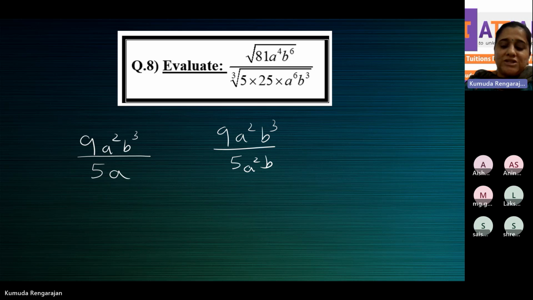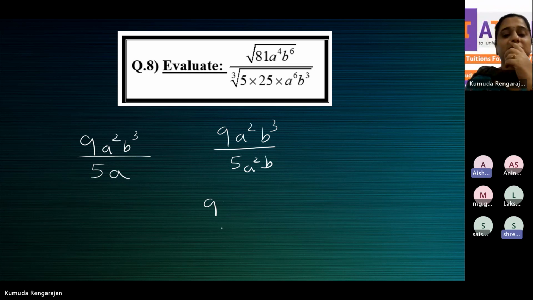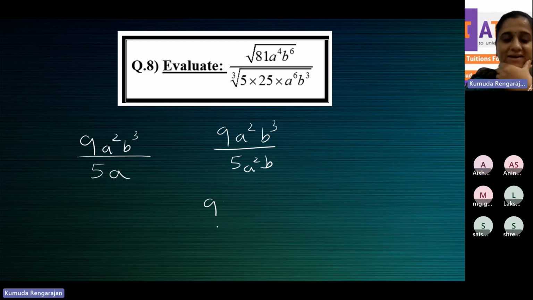But don't you think, Lakshana, you can simplify this further? Ma'am, yes, ma'am. Very good, Aishwarya. I got, after simplification, 9b cube by 5b. No, b and b cube also can be simplified. Oh yes, so 9b square by 5. Correct.